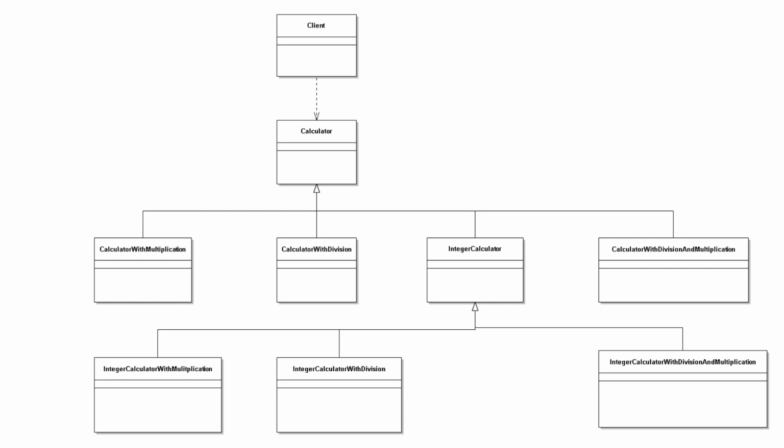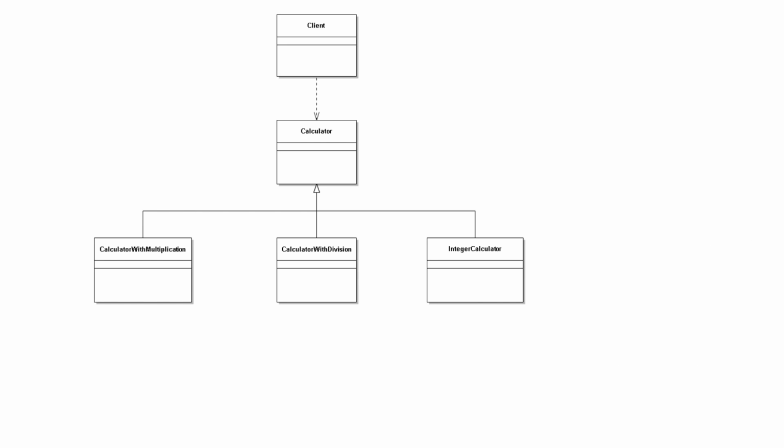So where did inheritance actually start failing? In this case, it started failing right here, whenever you added a formatting change, which is the integer calculator, with an interface change, which is the division calculator. The problem is that you're changing two different things with the same inheritance hierarchy.